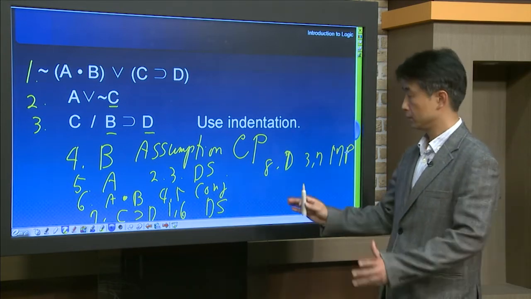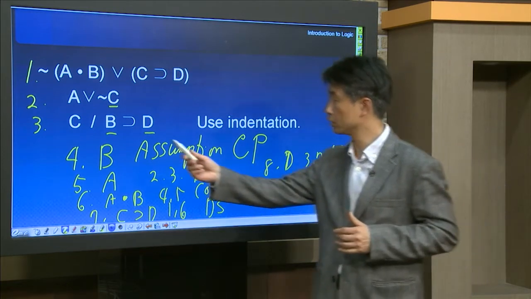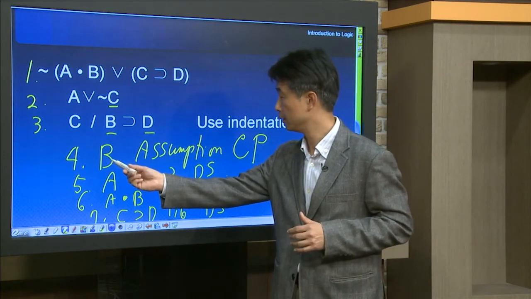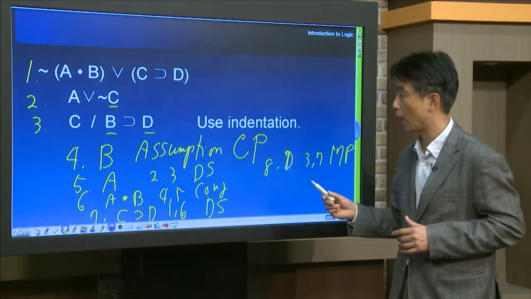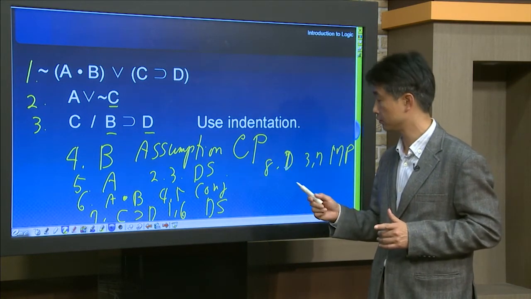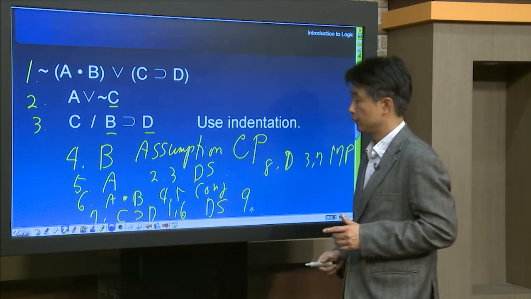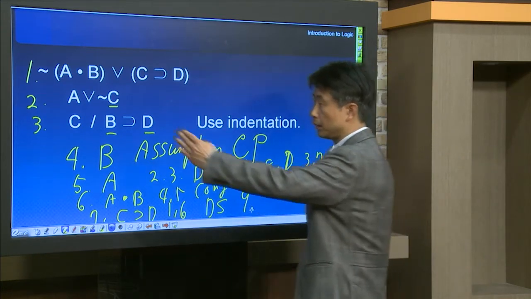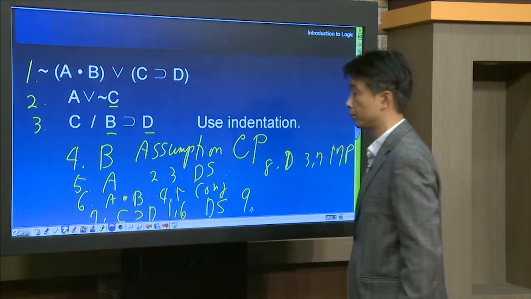Now, what I've got so far is I have assumed the left-hand side and have derived the right-hand side. Okay, so I can complete conditional proof at number 9. The step number 9 should be in line with these original premises.